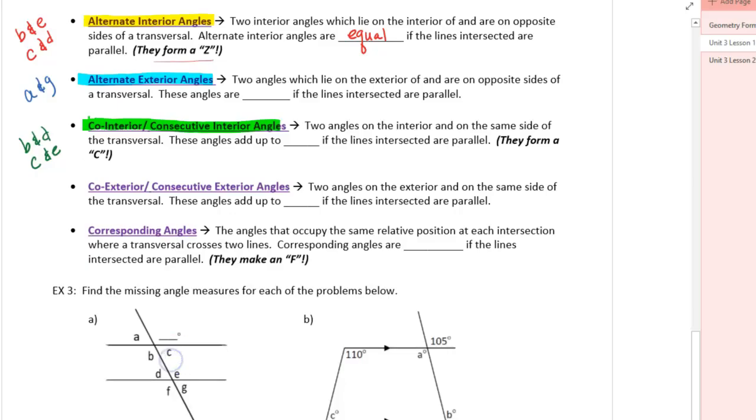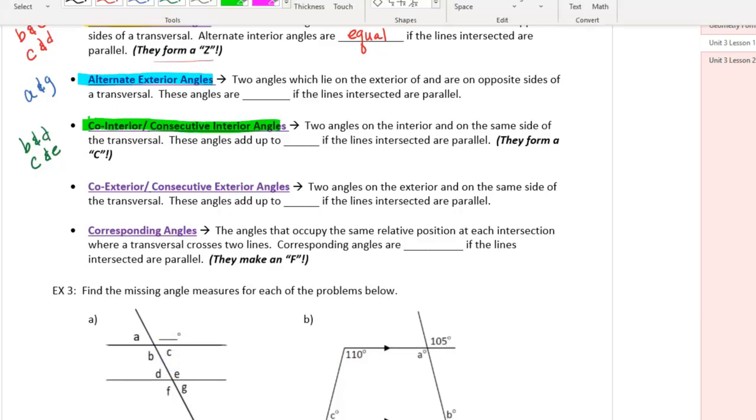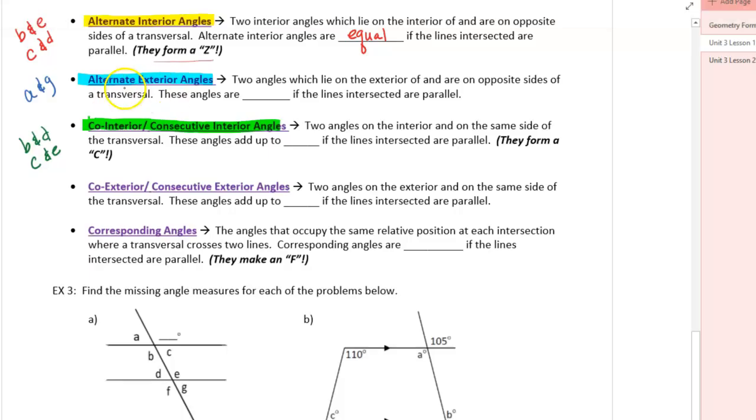And these have a special relationship too. Oops, and I forgot to tell you that. The alternate exterior angles, back up here, A and G, those are actually equal as well. However, when you have co-interior consecutive interior angles, they're not equal, but they do add up to 180 degrees.